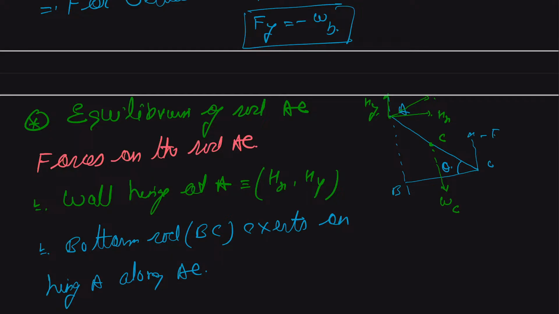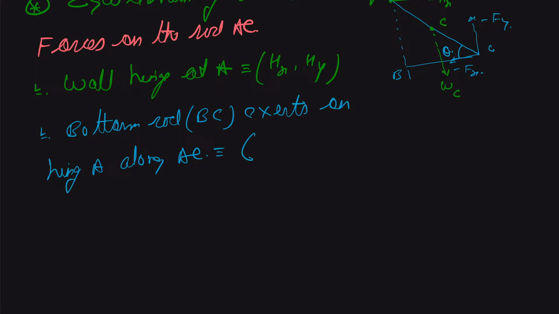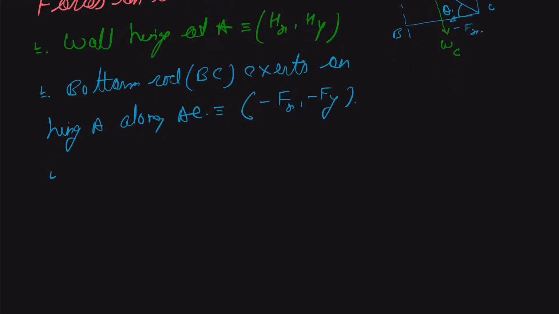We can write this as minus F of y, and in this direction we get minus F of x, which we can write as minus F of x and minus F of y. And we have a weight WC acting in downward direction.